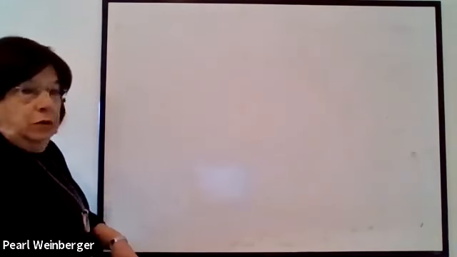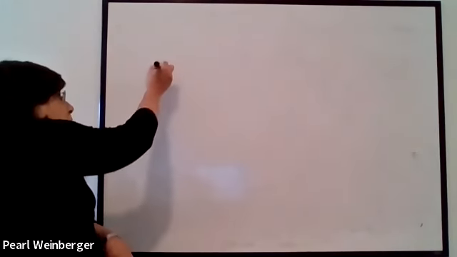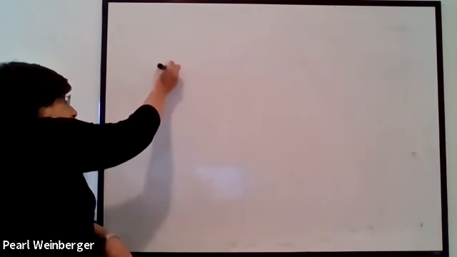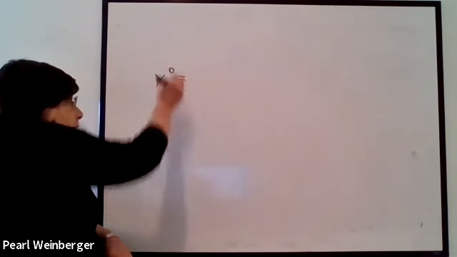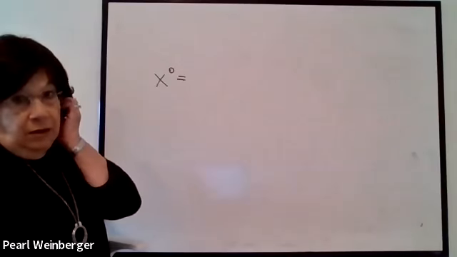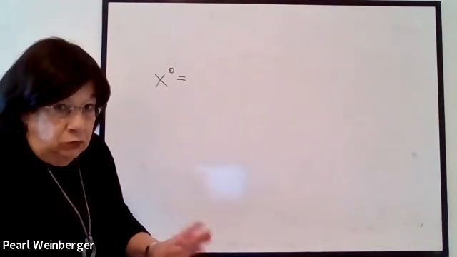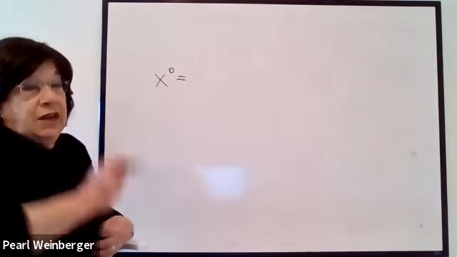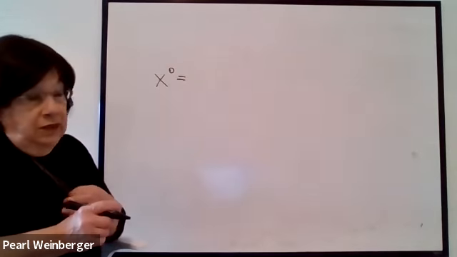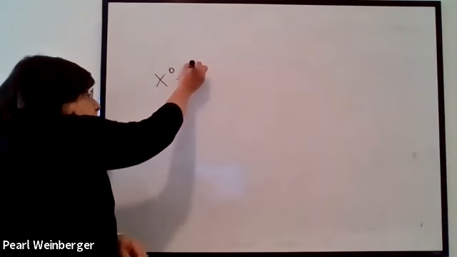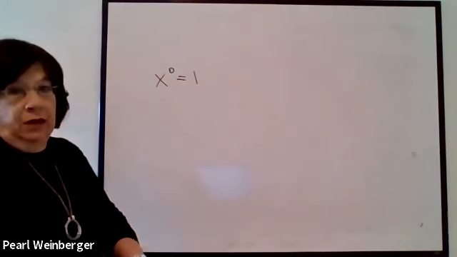So first of all, anytime you have an exponent that's 0, and remember, when no exponent is written, it means the exponent is 1. If you have an exponent of 0, the 0 will definitely show up. But what it means is just the plain number 1.